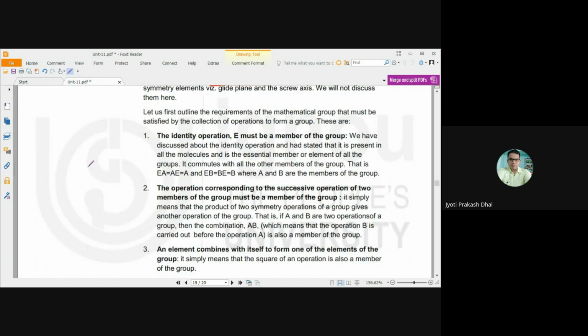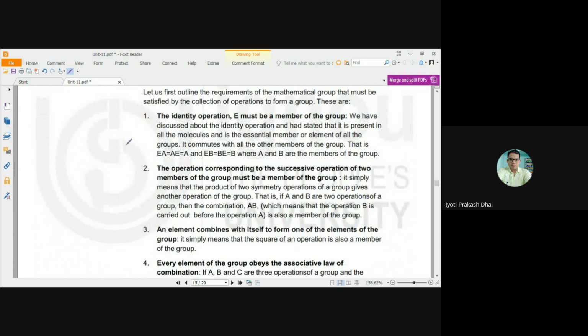Now, let us outline the requirements for the formation of a mathematical group that must be satisfied by the collection of operations that form a group. The first one is that the identity operation E must be a member of the group. So, in order to construct a mathematical table, the identity operation must be a member of the group.